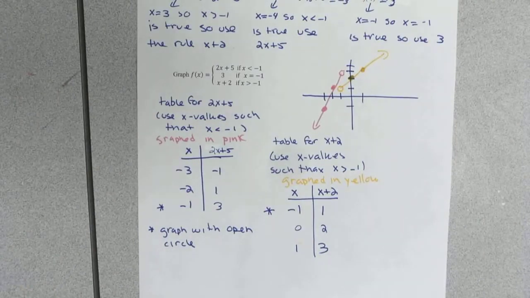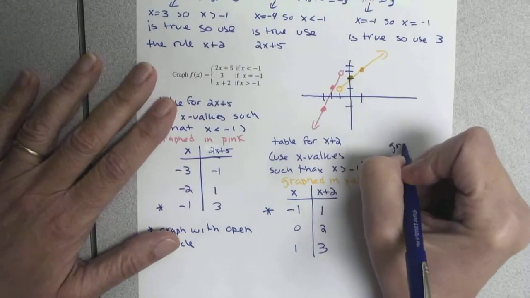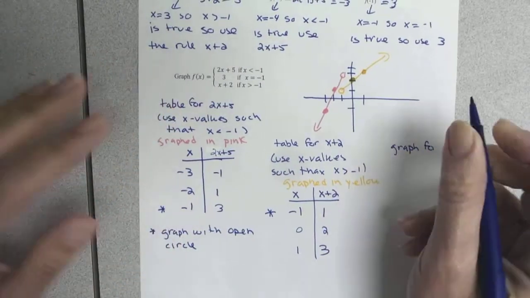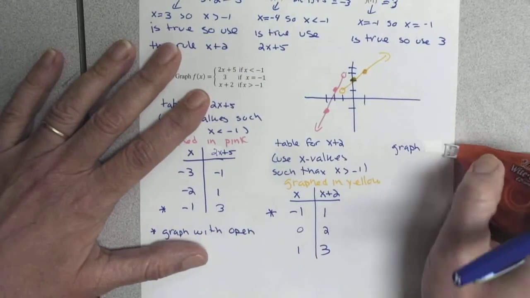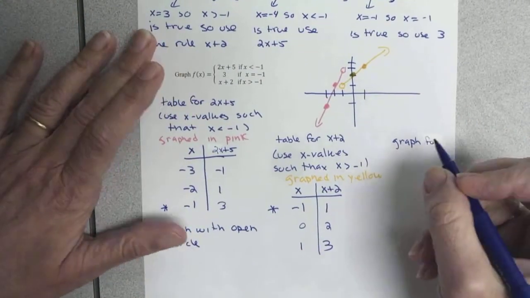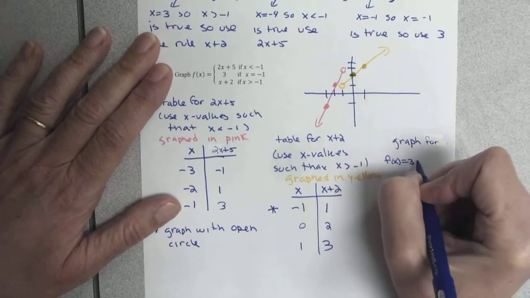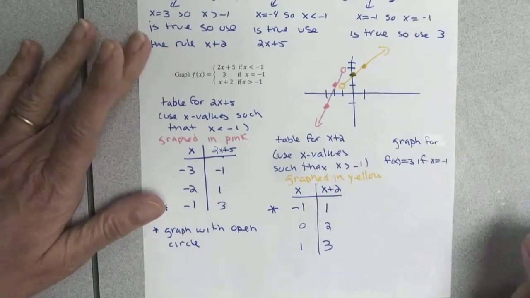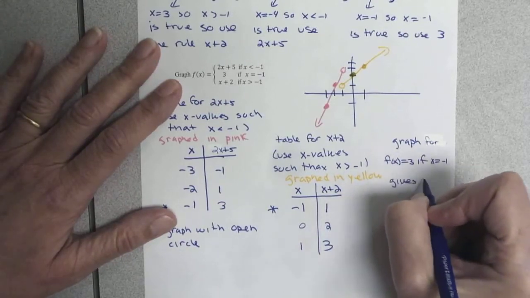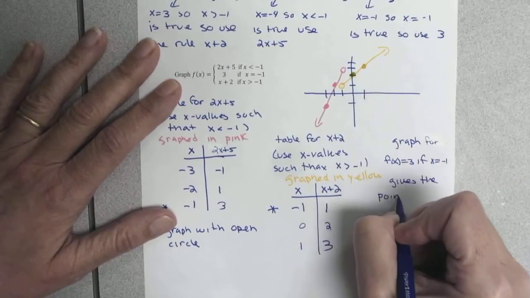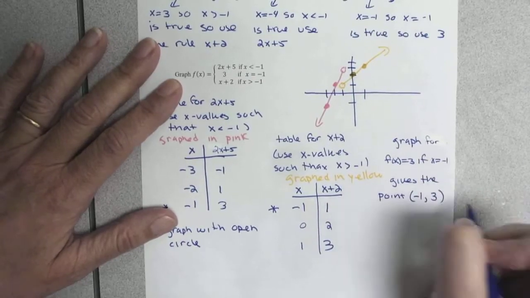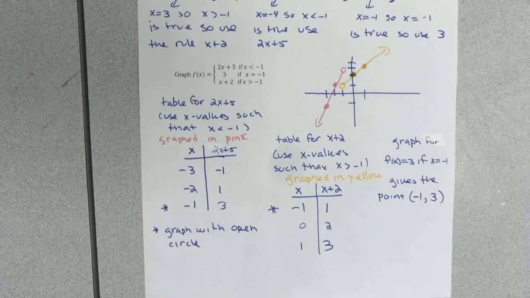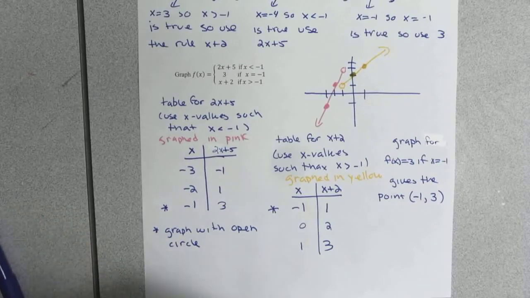Then the last part we have to graph is that middle branch. The graph for f of x equals 3, if x equals -1, tells us that we have the point -1, 3. x coordinates go in, y coordinates come out. And so f of x equals 3, that 3 is the y coordinate, if we were to put in x. How about graphing that in green?